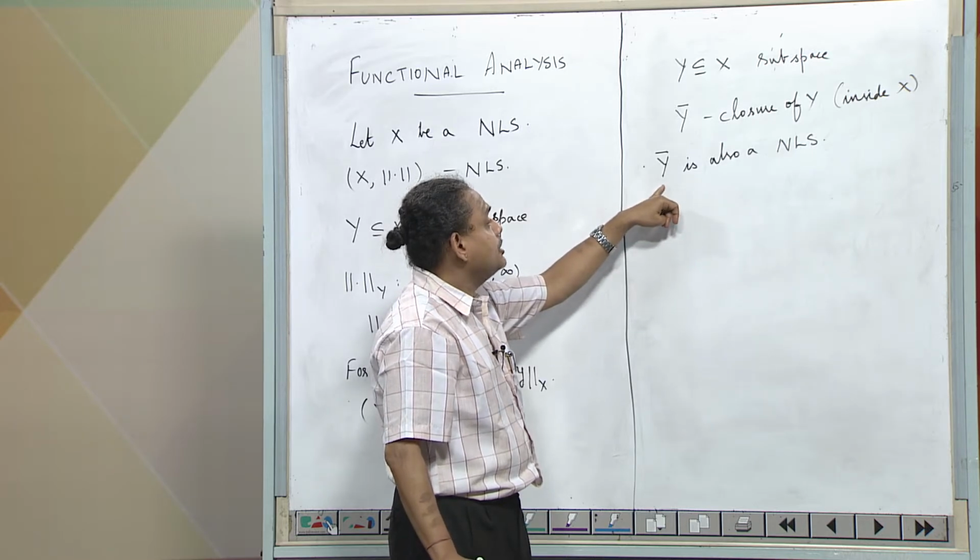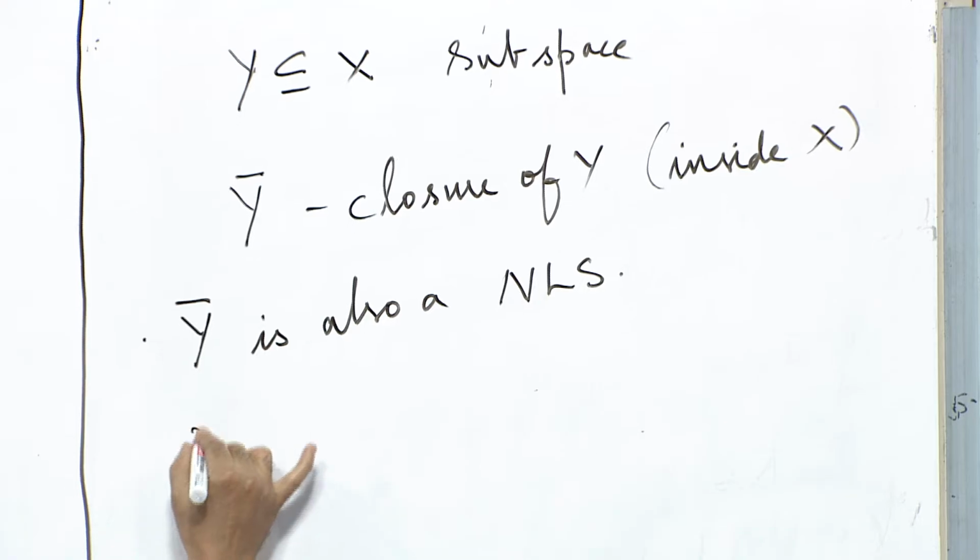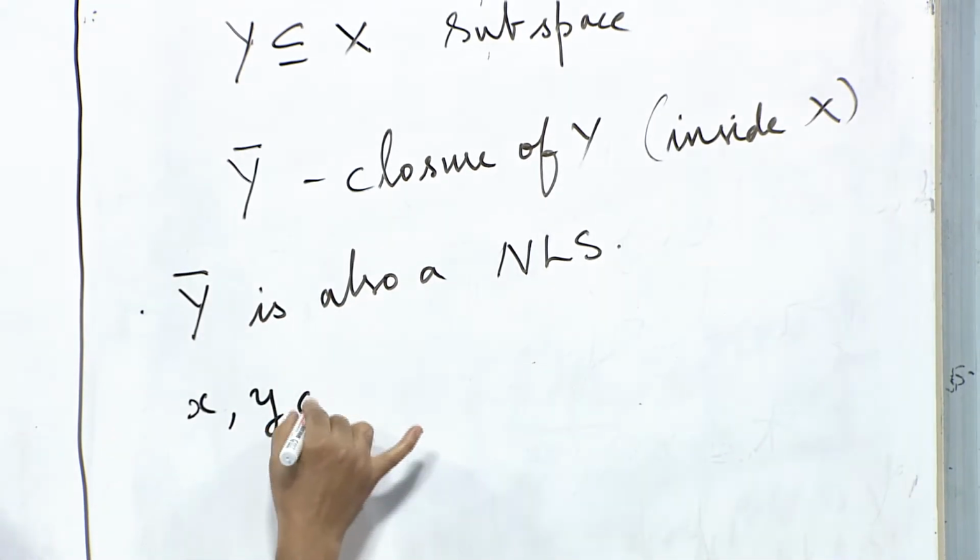To show that this is a subspace, we need that it is closed under addition and closed under scalar multiplication. So, choose x and y from Y closure.